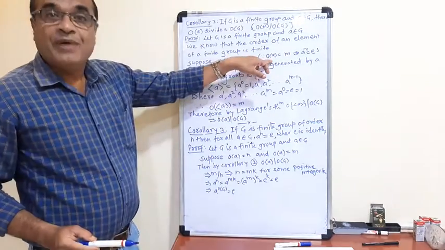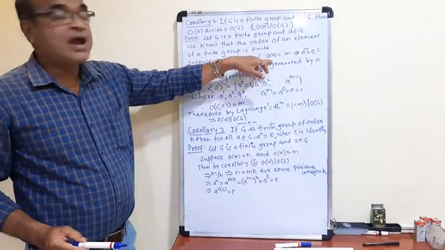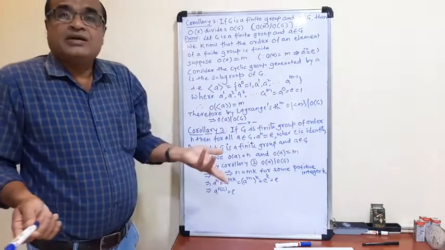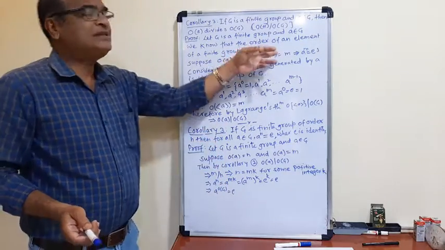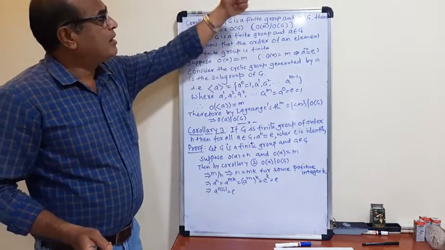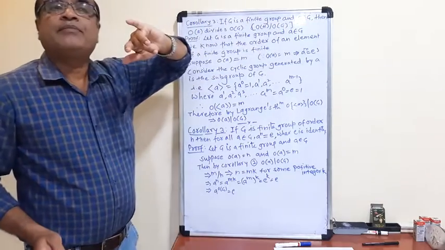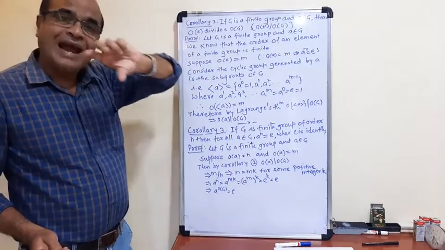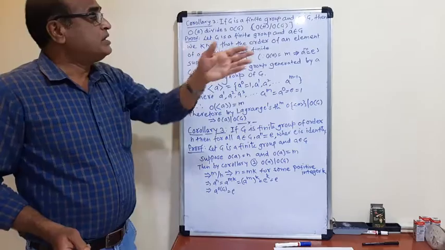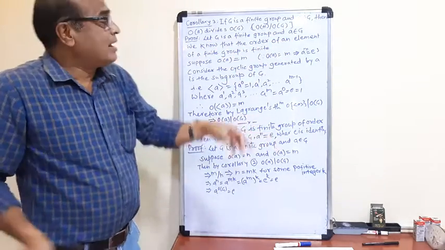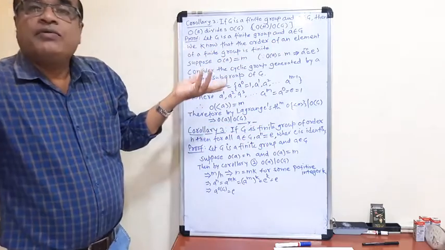So the reason is given here. The order of a is equal to m, so we suppose a raised to m is equal to the identity element. Then m is the order of a.